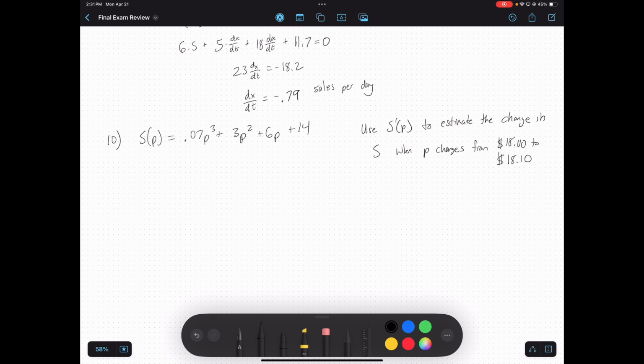And the way we're going to do that is by using these differentials. The change in s, or actually, when we talked about it in class, we used delta s. Delta s is approximately the derivative times dP.